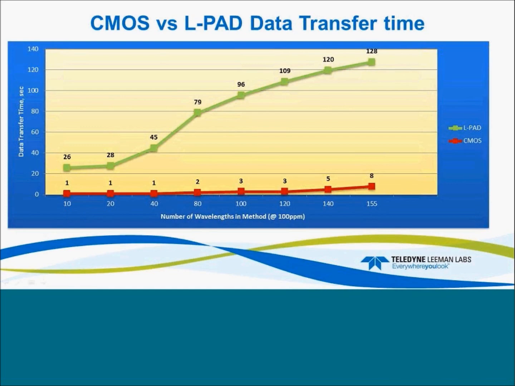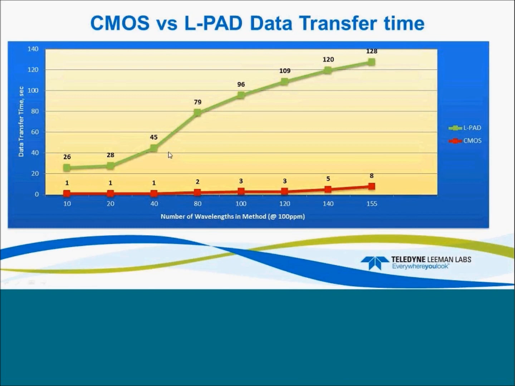You can see it took 10 elements, 10 wavelengths at 100 ppm, almost 30 seconds for that data to transfer down to the PC. Again, it's over Ethernet, a much slower communication. Plus the data readout speed of the LPAD is much slower than on the CMOS, which is reading out at 2 megahertz.